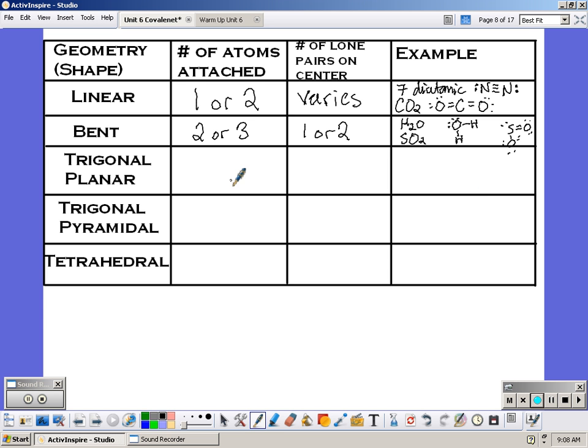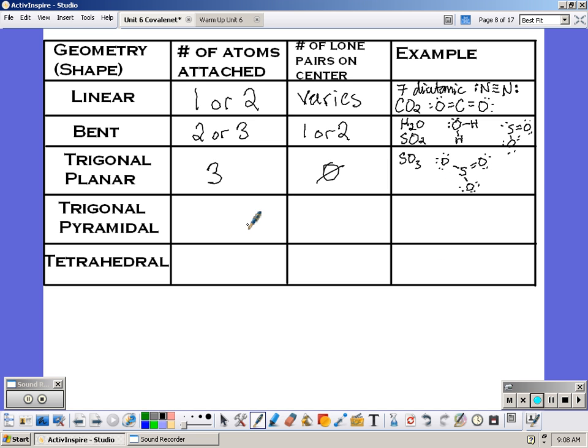Trigonal planar occurs when you have 3 atoms attached and no lone pairs. One example would be SO3. You would have S in the middle. One of the oxygens is double bonded. Again, you have 3 atoms attached but no lone pairs on the sulfur.